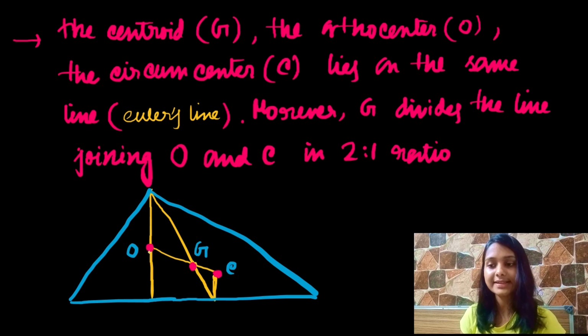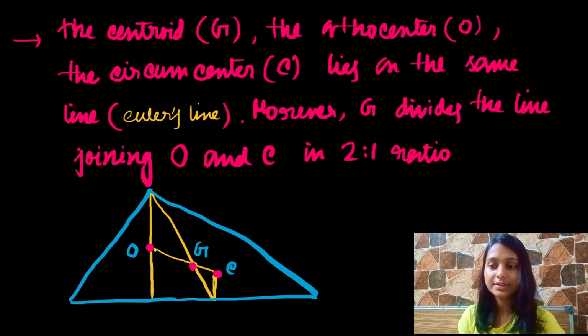Okay, so from here we can see that vector OG will be twice vector GC. So we can use that. G divides this in the 2:1 ratio, so the magnitude of OG is 2 times the magnitude of GC, and they also have the same direction.